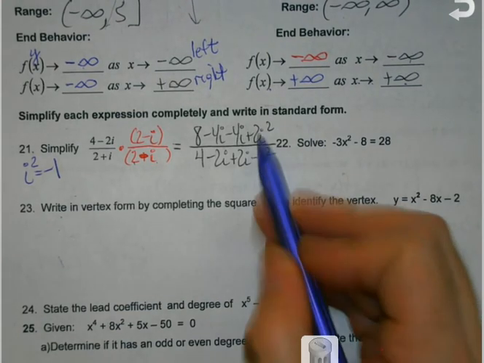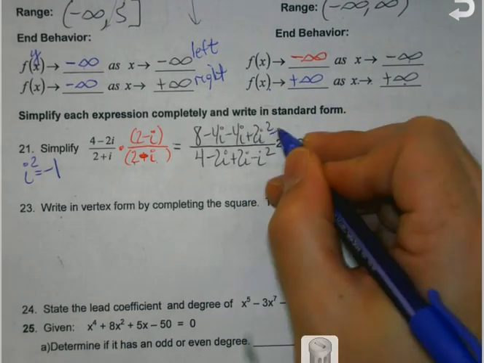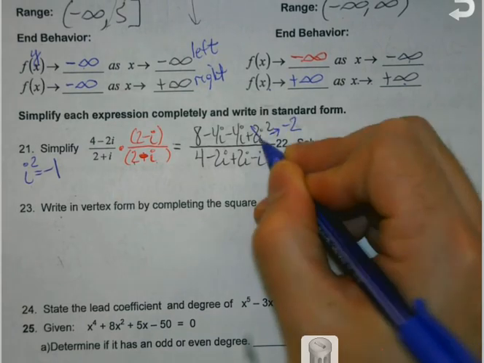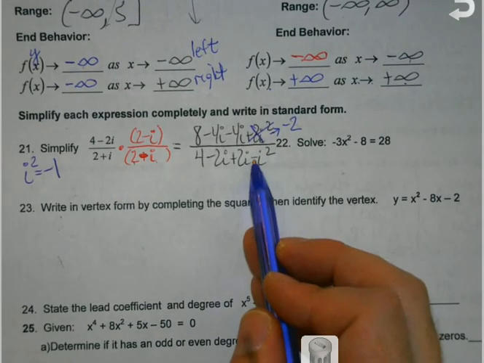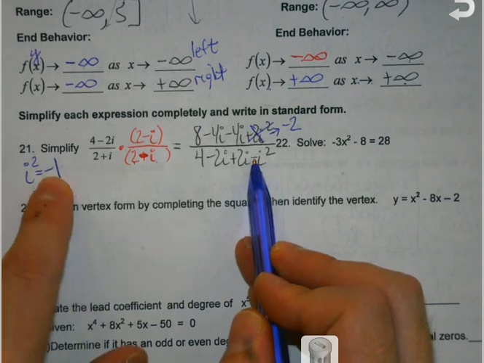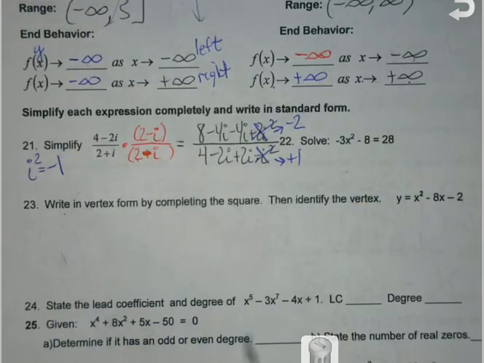So when I look at these and see i squareds, this is 2 times negative 1, which is really just negative 2. This is minus negative 1, which makes that positive 1. And there it goes.